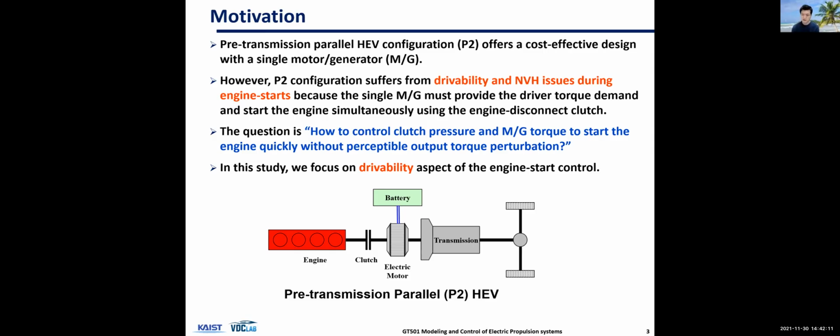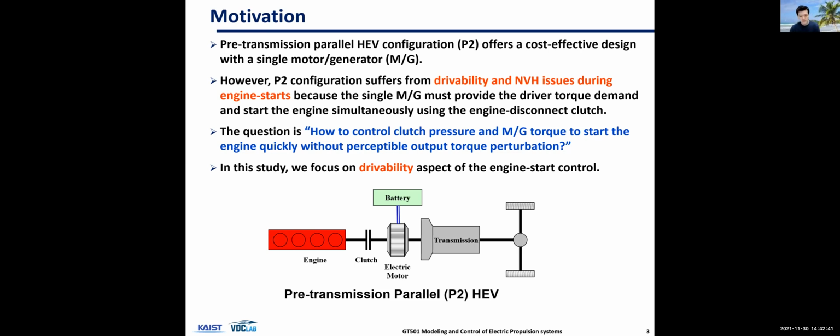But then driver is now asking for high power, which electric motor cannot provide. Or if vehicle is now moving at a faster speed, which is going to require higher power at higher speed, then you need to start the engine, meaning that you need to move from EV mode to hybrid mode.